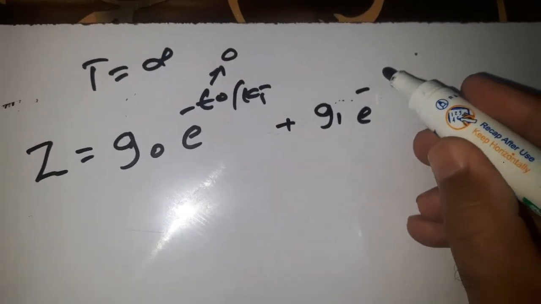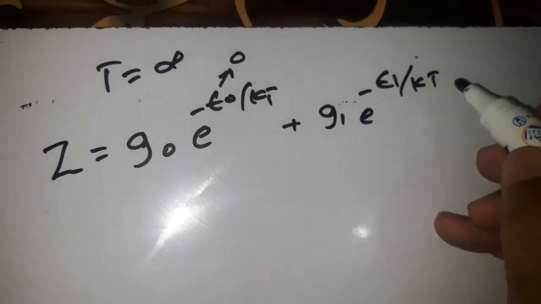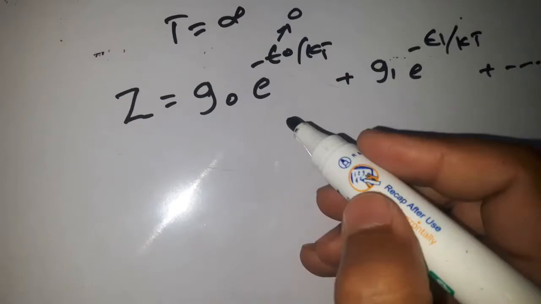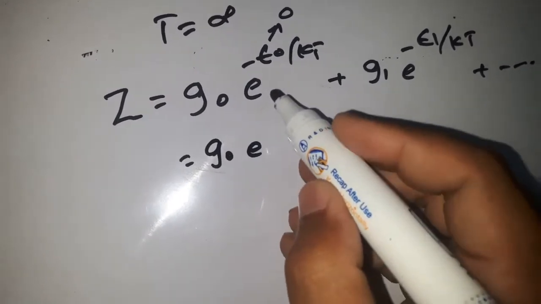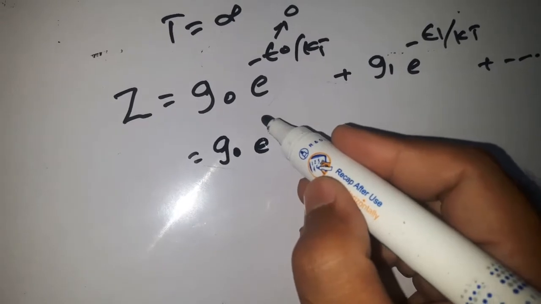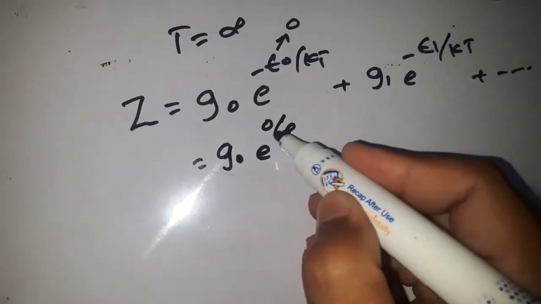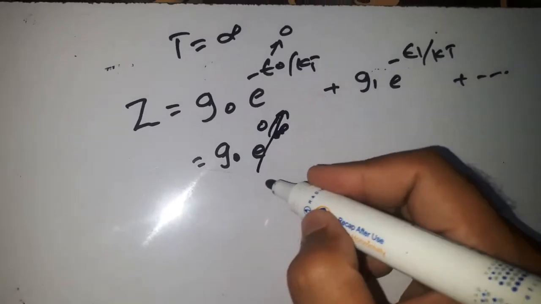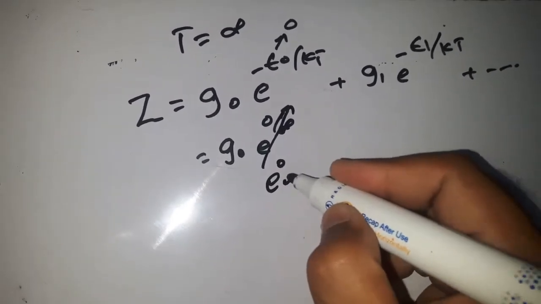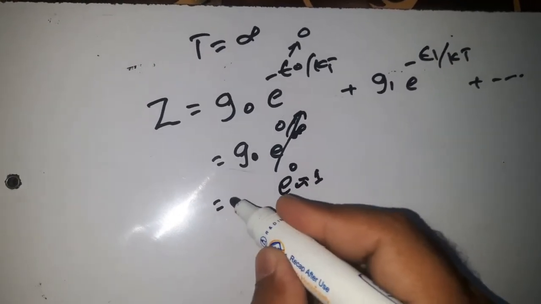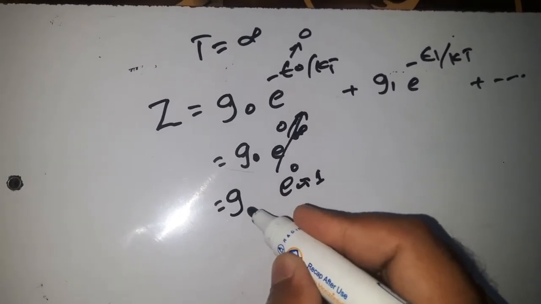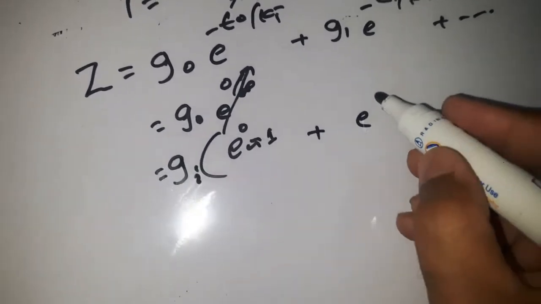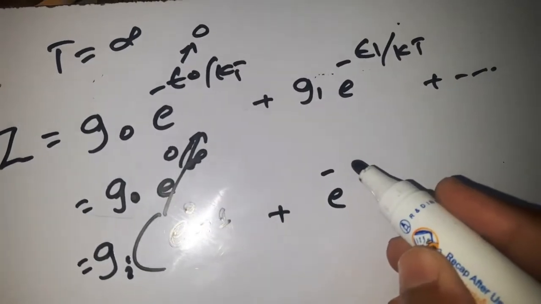For g naught e raised 0 over infinity, we get e raised 0, which is equal to 1, and this is g naught. Just taking the degeneracy common, here is e raised minus some number over infinity.